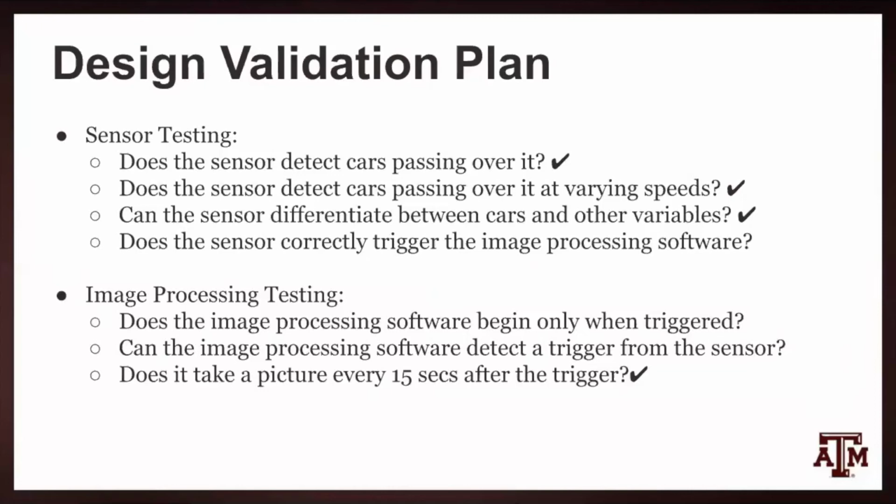For image processing testing, there are three test cases that I was focused on. The first test case is whether the image processing software begins only when triggered. We don't want it to just start taking pictures randomly. So only when it gets triggered, it should take a picture. And then the second part is, can the image processing software detect a trigger from the sensor?